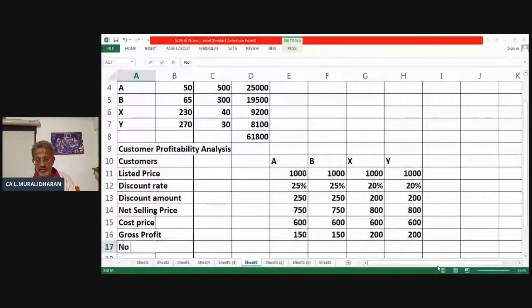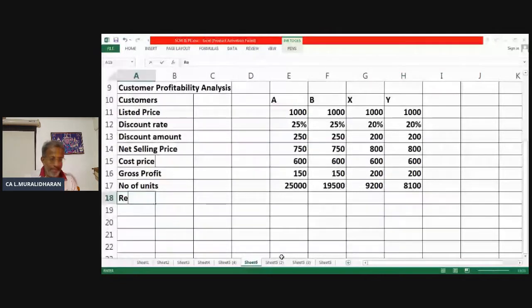Number of units. Net selling price into number of units.